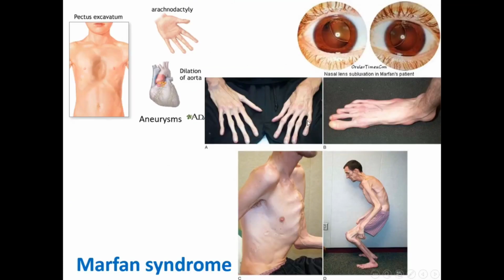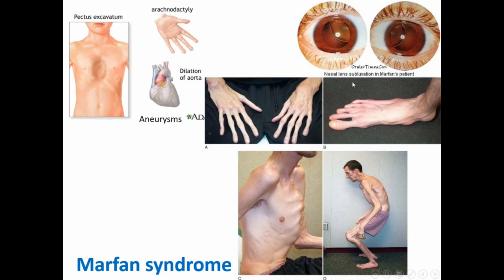Some people have a mutation in fibrillin genes, so they cannot produce correct elastic fibers. These patients are called Marfan syndrome. In their bodies, they don't have normal elastic fibers.